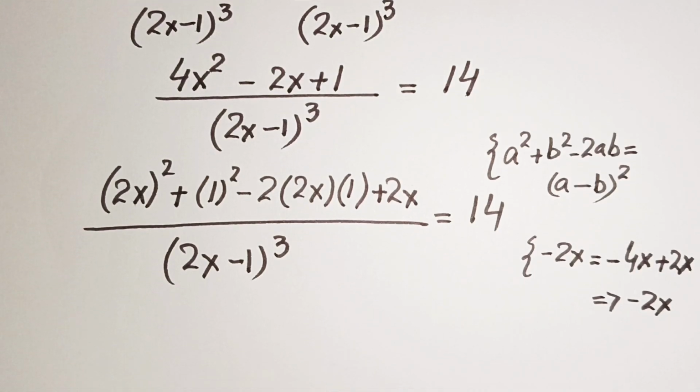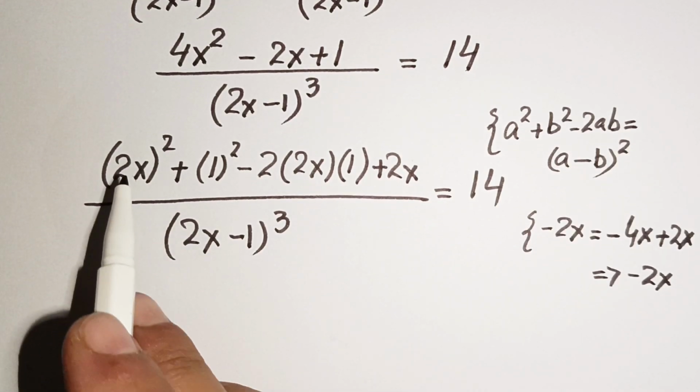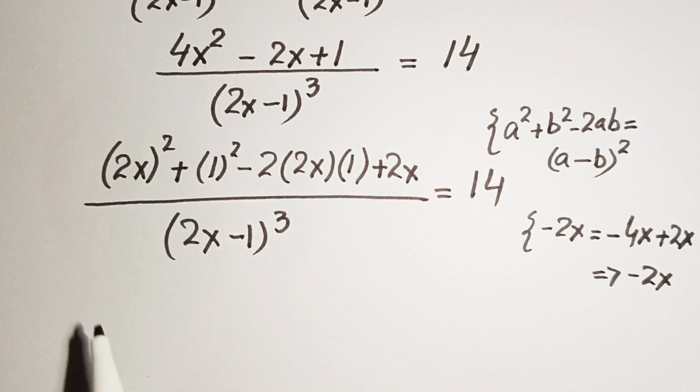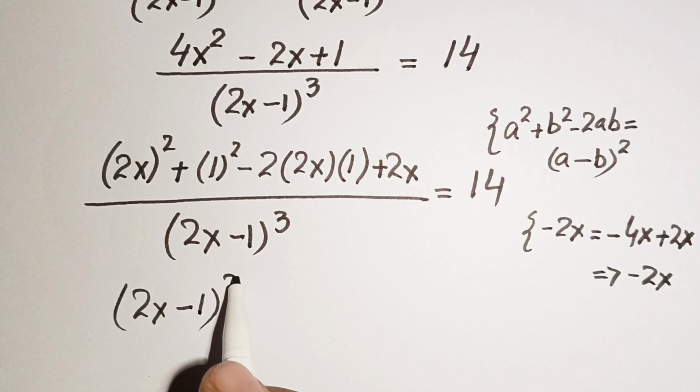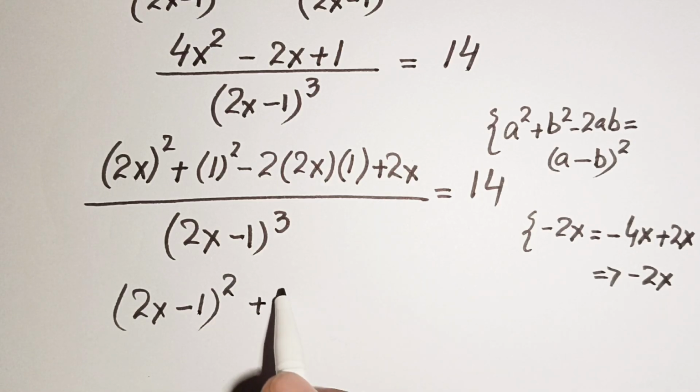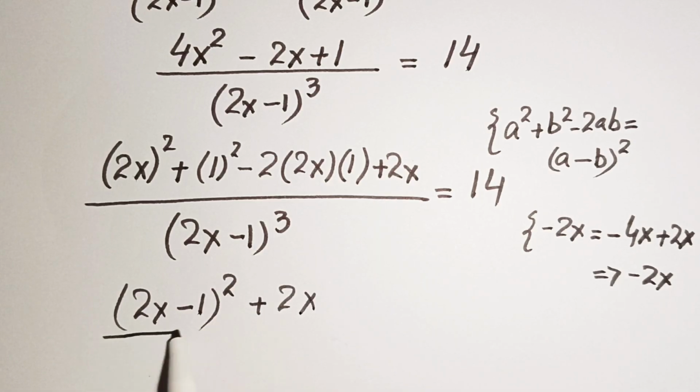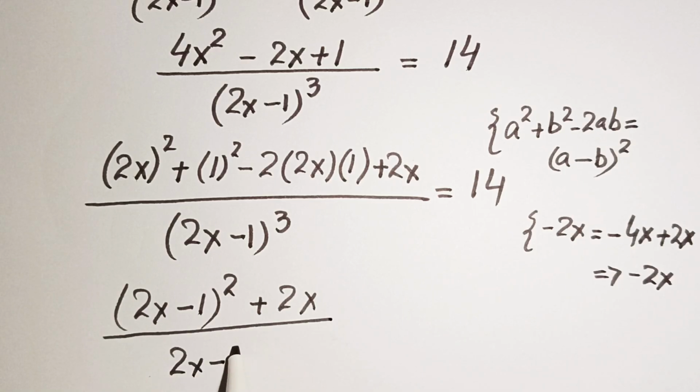So our next step will be (2x minus 1) whole squared, and we write this plus 2x all over (2x minus 1) whole cubed, equal to 14.